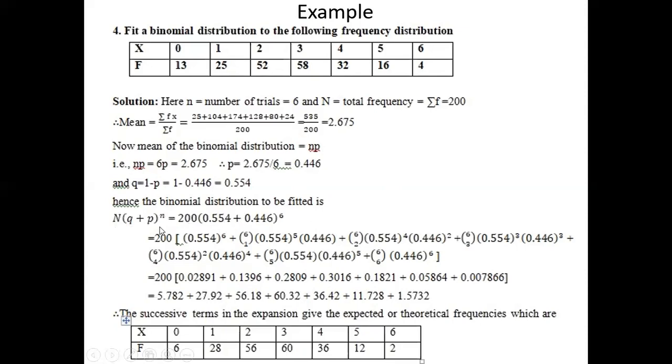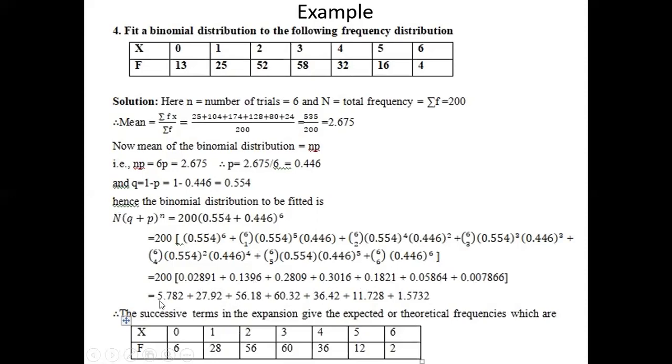Now, by using the binomial distribution, 200 into [6C0 0.554 to the power 6 into 0.446 to the power 0, plus 6C1 into 0.554 to the power 5, 0.446 to the power 1, plus 6C2 0.554 to the power 4 into 0.446 squared, and so on]. If I expand using the binomial expansion, then 200 into 0.02891, 0.1396, and so on.